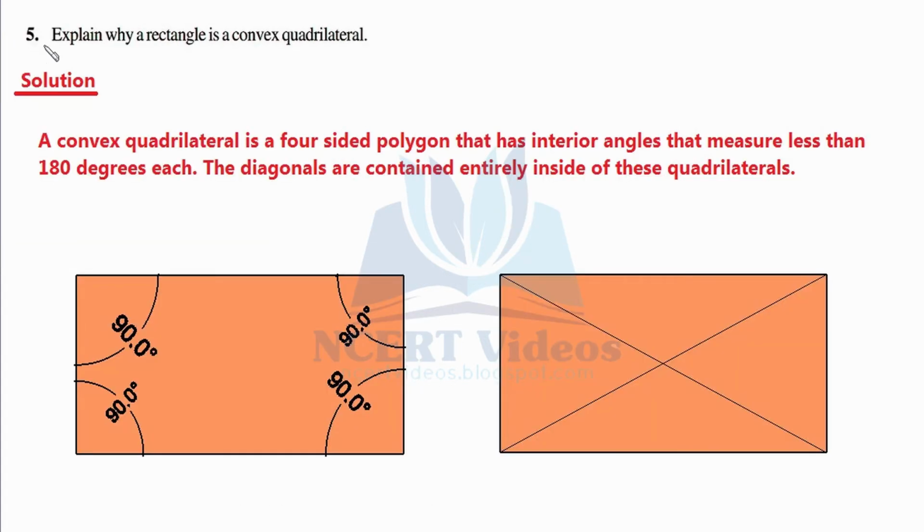Question number 5. Explain why a rectangle is a convex quadrilateral. We have learned in the previous exercises what we mean by a convex polygon. Let's revisit the concept of convex polygon. So a polygon is a geometrical figure that is two-dimensional, which is entirely made up of line segments, where the initial point is also the last point.